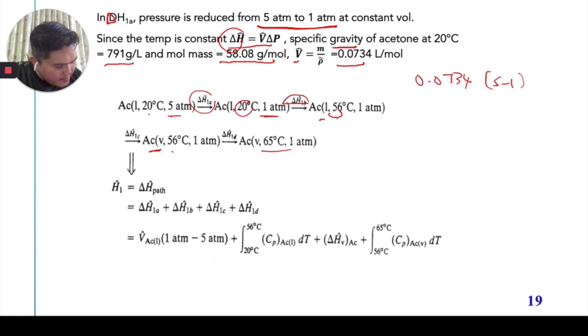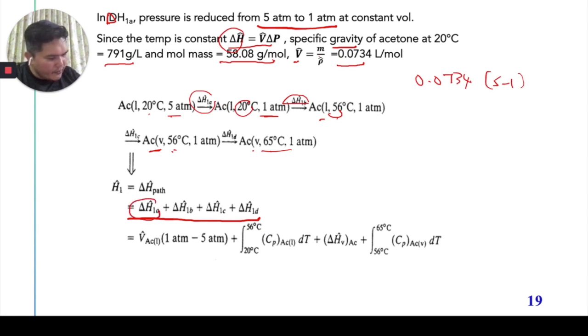And after that, there is another change of temperature from 56 to 65 degrees Celsius. When you total it up, you just add up all these enthalpy changes, delta H1A plus delta H1B and so on, and then you substitute the information here.